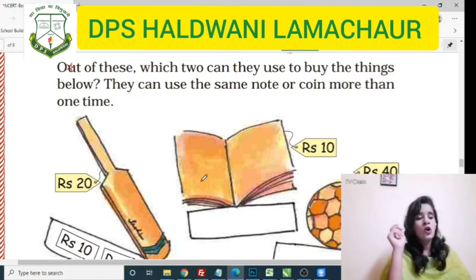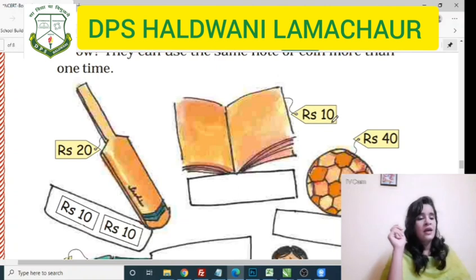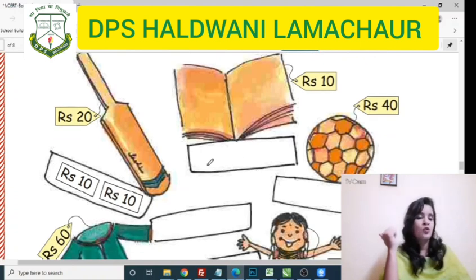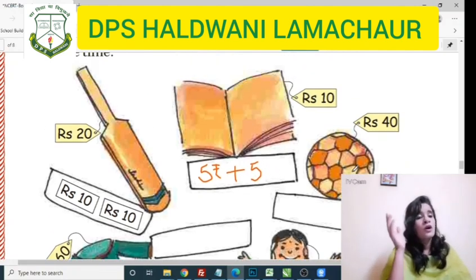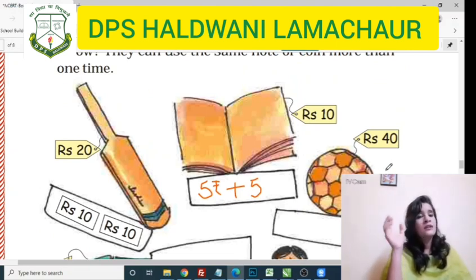Okay, so here they have to use one coin and one note. So here they can use 5 rupee note and 5 rupee coin. Okay, so to buy this ball, they have to use only 2 notes or 2 coins.